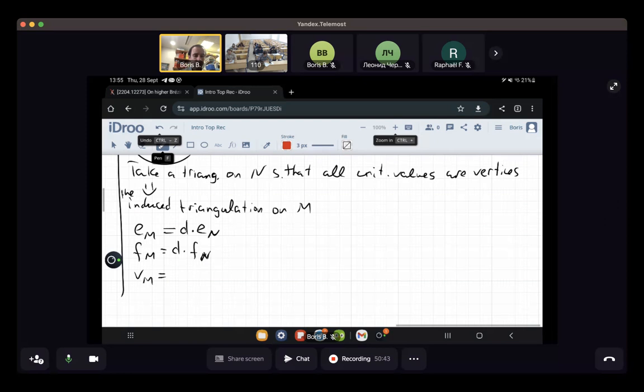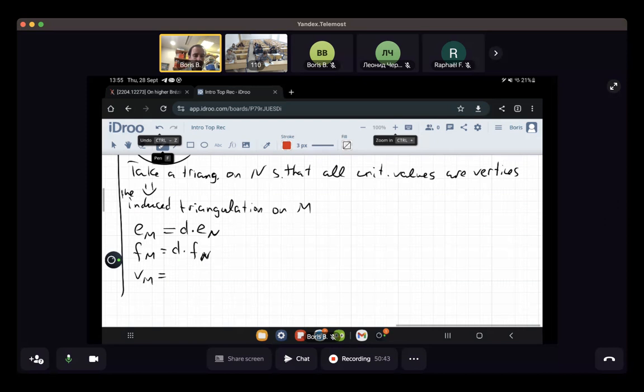So m_i is the number of preimages of the i-th critical value. This is exactly what we need here: m1 plus etc. plus mk.